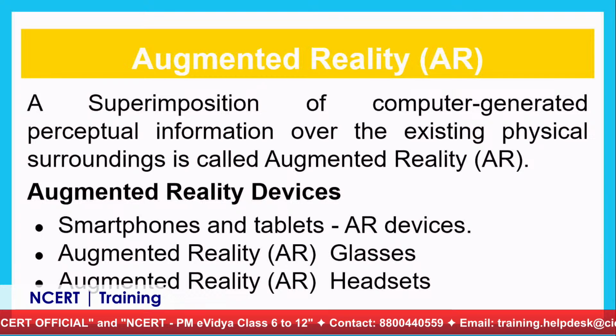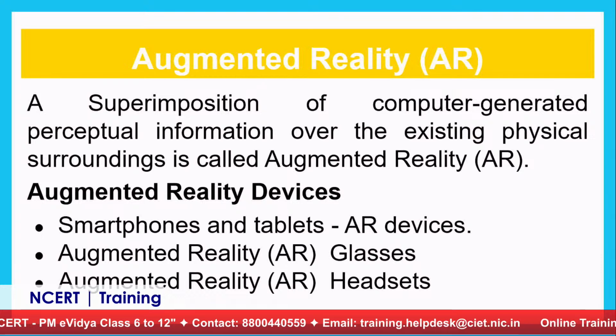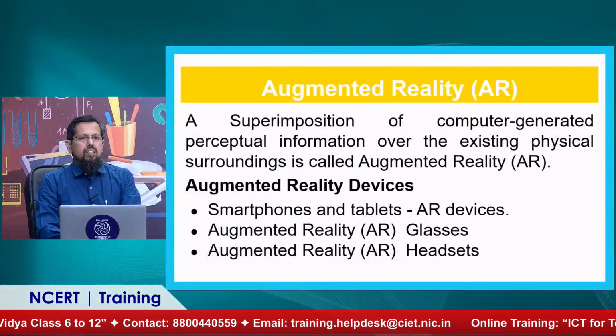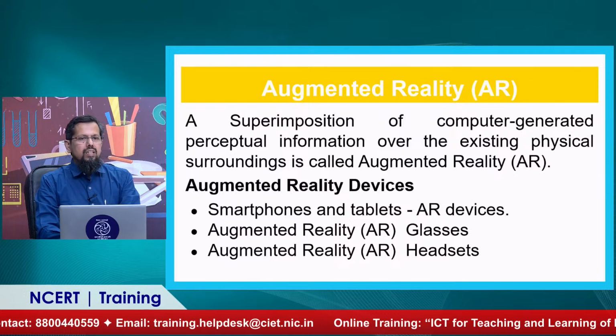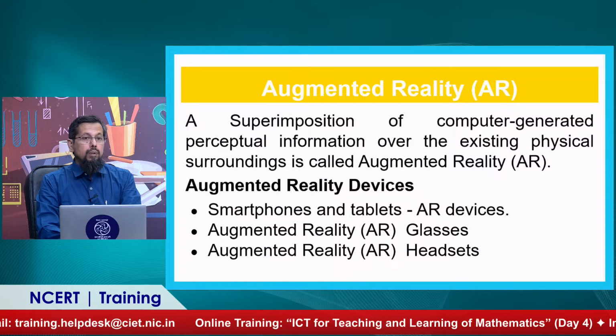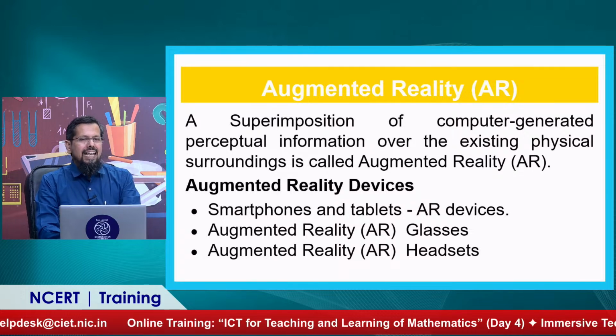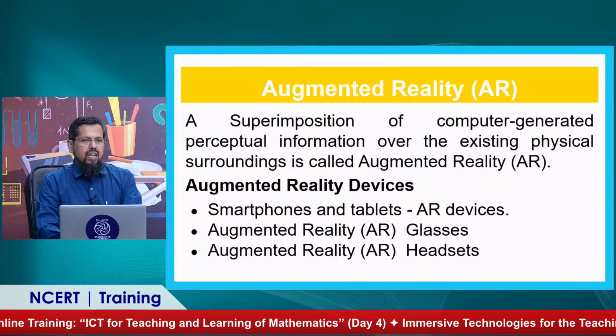If we start with augmented reality, it is not very difficult to understand for those who are already in the field of technology and teacher education. It is a superimposition of computer generated perceptual information over the existing physical surroundings, and that is why we call it augmented reality.